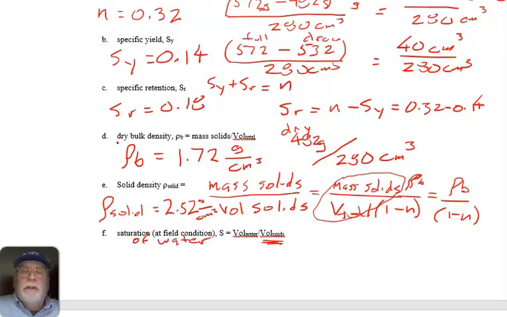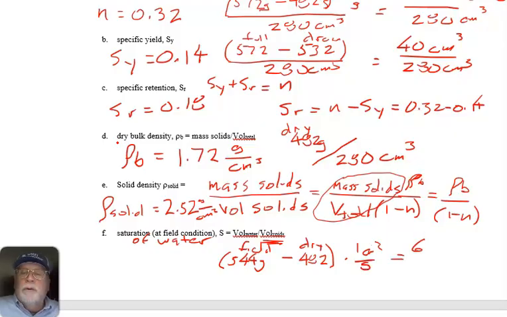So at the field condition, it weighs 544, and dry was, oh wait, we had drained, we had dry. Oh yeah, so I want to do the dry. So 482. So 482 is 0 with 0 water. So at the field condition, it has 544 minus 482. Again, I'll write my units in here: cubic centimeter per gram.